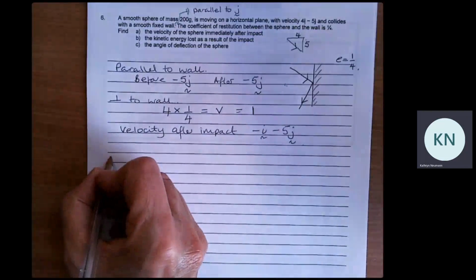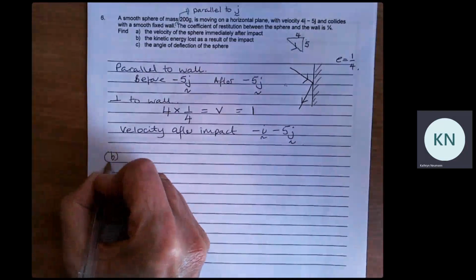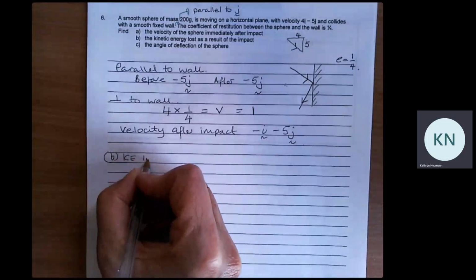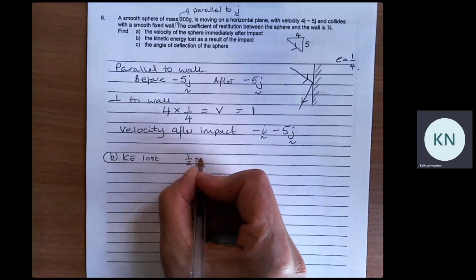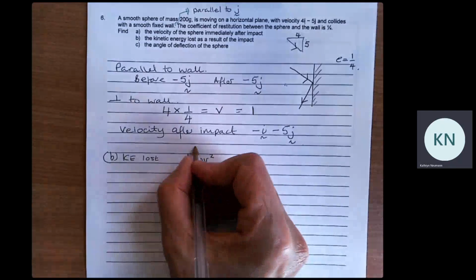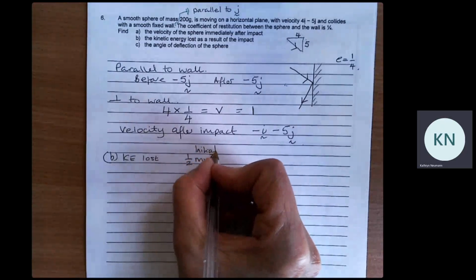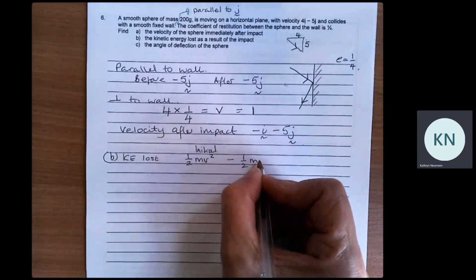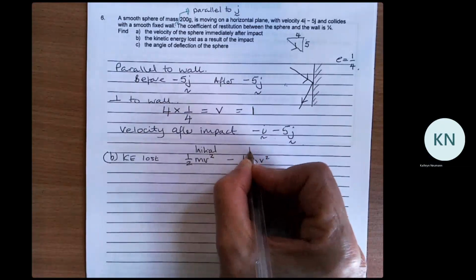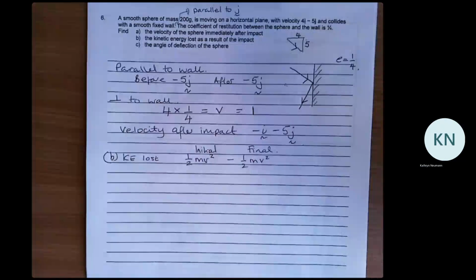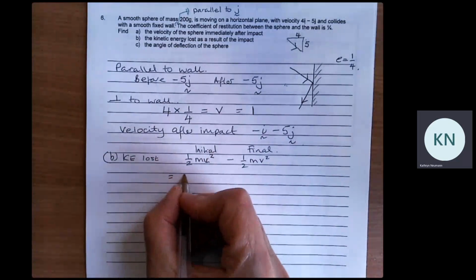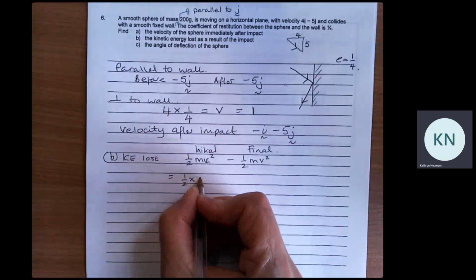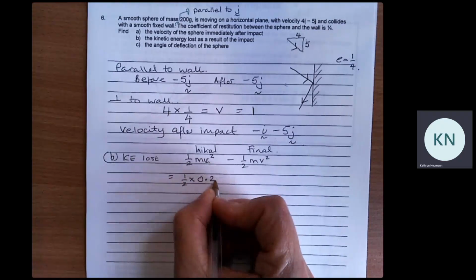We want to find the KE lost. So for part B, the kinetic energy lost is going to be a half mv squared, the initial KE, minus a half mu squared for the final, so possibly we should call that u. So that's going to be a half multiplied by 0.2.